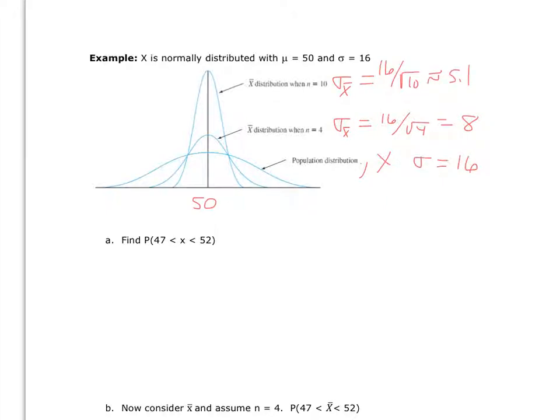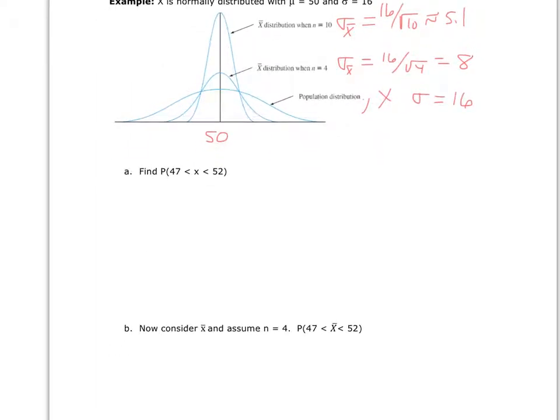So even smaller, and you can tell by the picture it's less spread out. The peak is taller. Now, if we compare probabilities, if we start with the probability that the original random variable x, an individual value, is between 47 and 52, first we have to find z-scores.